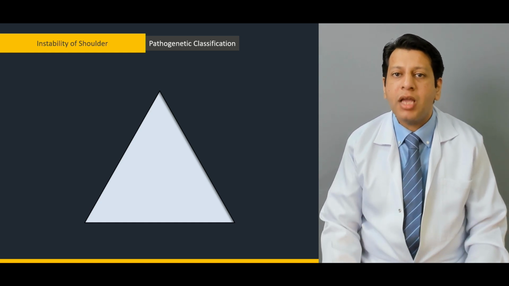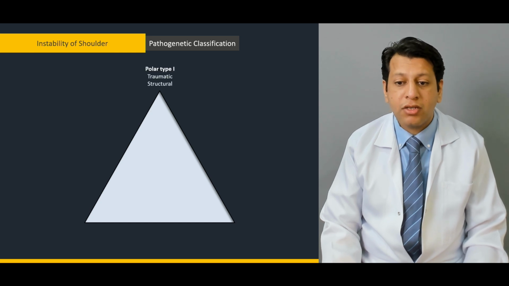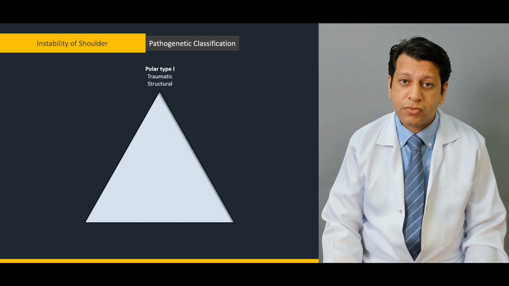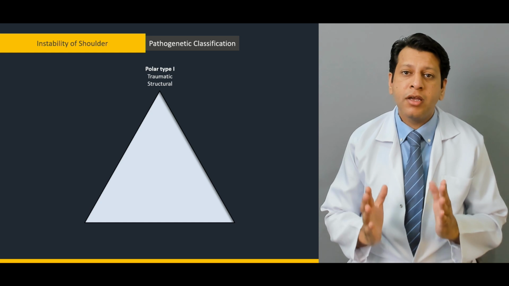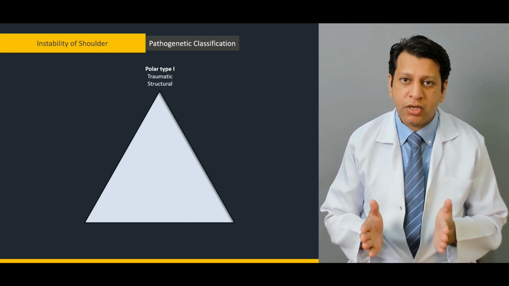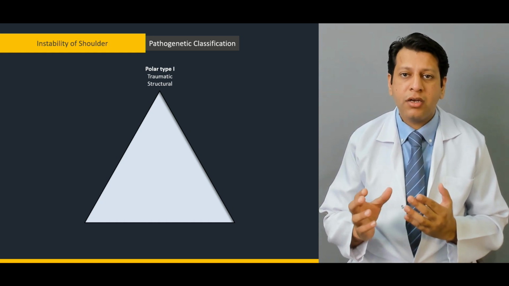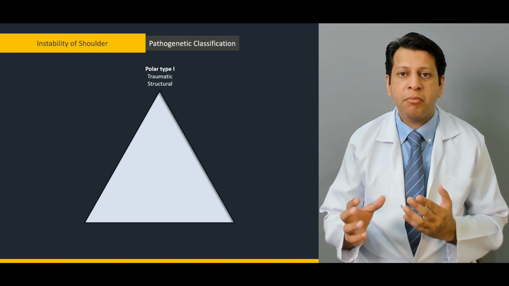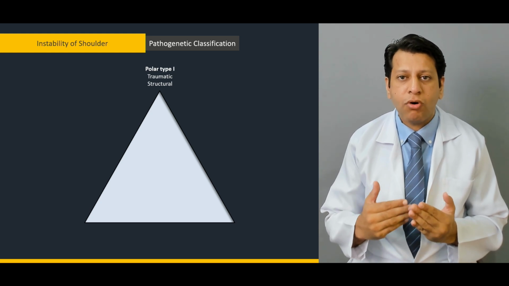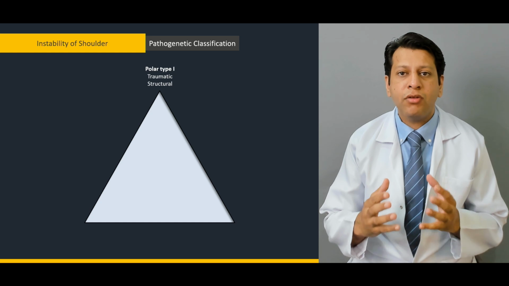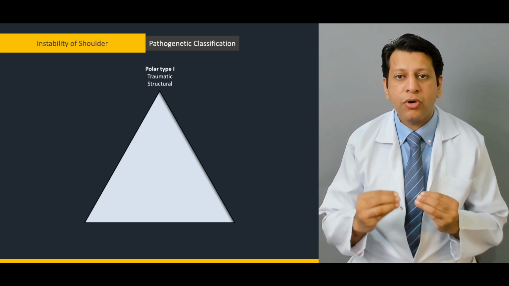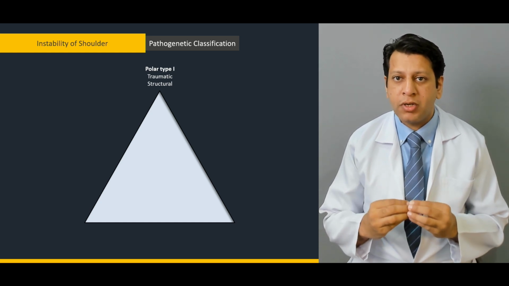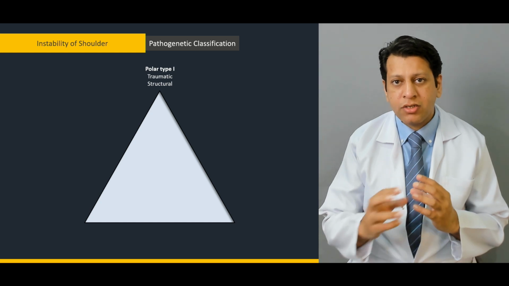For example, polar type 1 is traumatic structural. What happens in this patient is an acute anterior dislocation. When this was anteriorly dislocating, although there was ligamentous and capsular injury, it also resulted in an anterior inferior glenoid fracture, so that structure is lost as well.